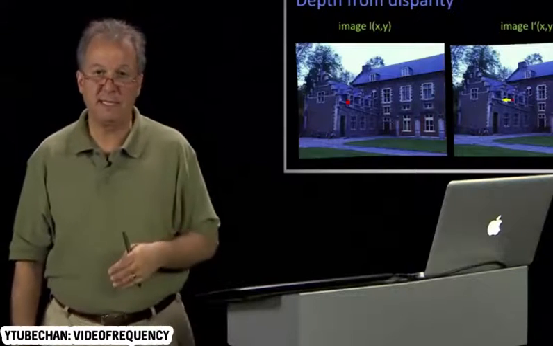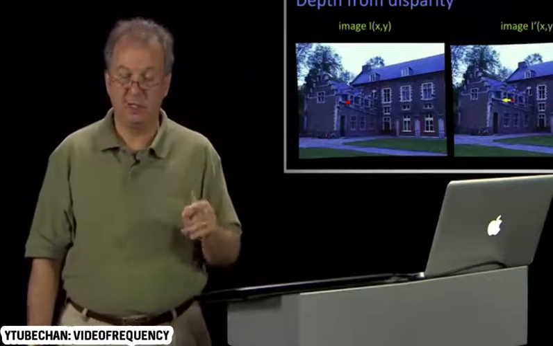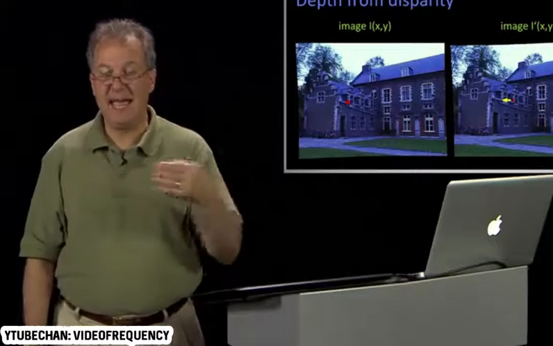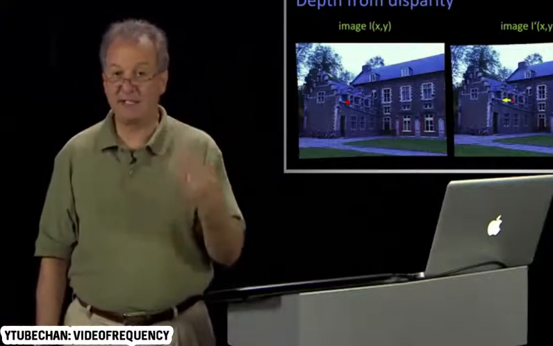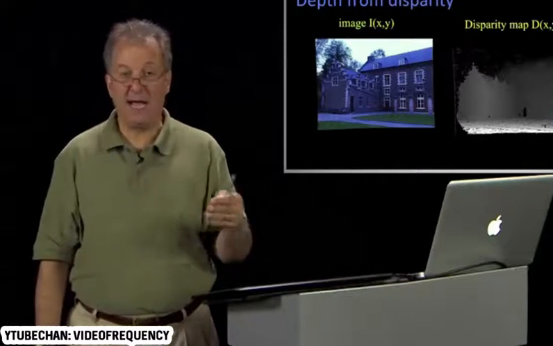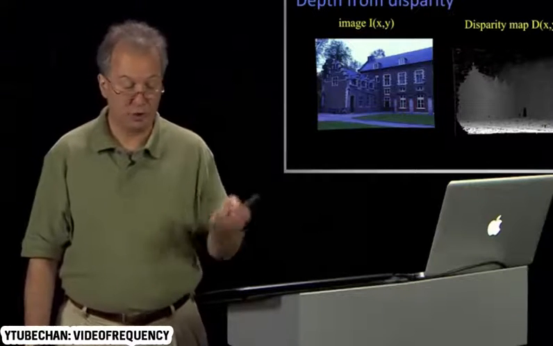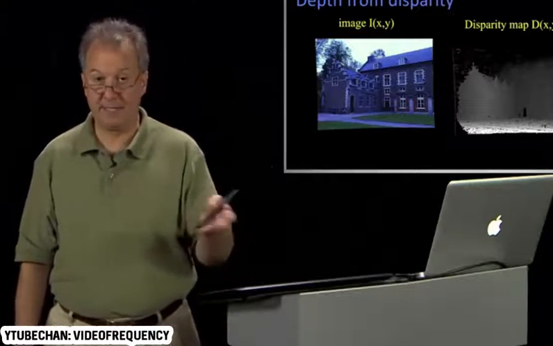And disparity was the idea that the location of a point in an image would change depending upon the depth of the scene as I moved my camera. And if I actually had the disparity, I could make a disparity map which tells me how all the points have shifted, and disparity was inversely proportional to the depth, and that's what this disparity map on the right is.